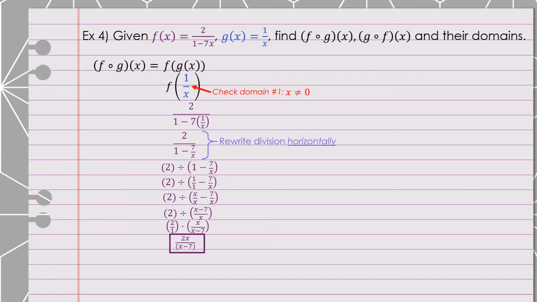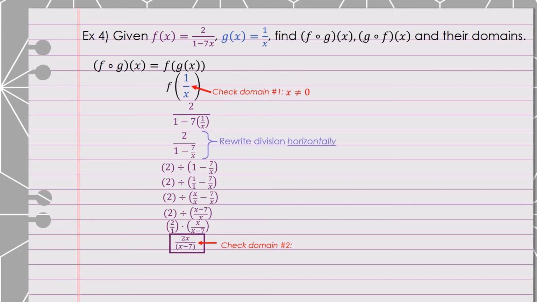So we have finished the composition of the two functions, but we're not quite done with their domain. We did our first domain check when we plugged in our first function. Now comes domain check number 2. And since it's asking for domain, we look: do we have a radical? No. Do we have a fraction? Yes.